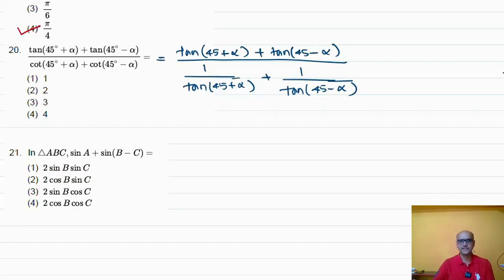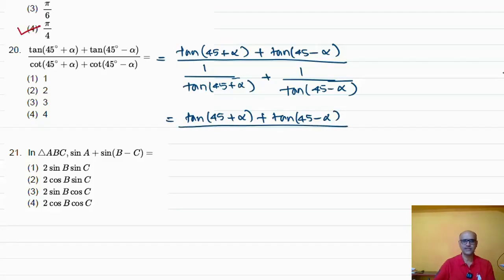After taking the LCM, this denominator comes to the numerator. So if I write here, it will be tan 45 plus alpha plus tan 45 minus alpha divided by the LCM, which is tan 45 minus alpha on this side and tan 45 plus alpha on the other side. Then this product comes to the numerator. So here you will have tan 45 plus alpha into tan 45 minus alpha.